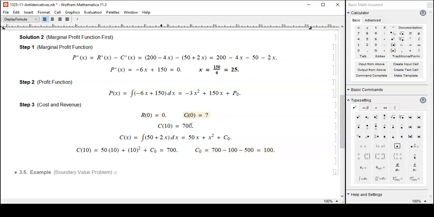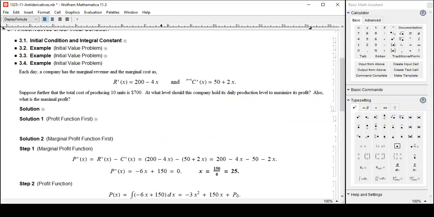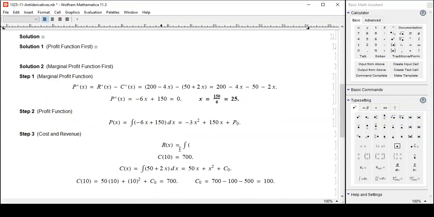And then let's see. Revenue function. So R0 is 0. That's because fixed revenue is always 0.